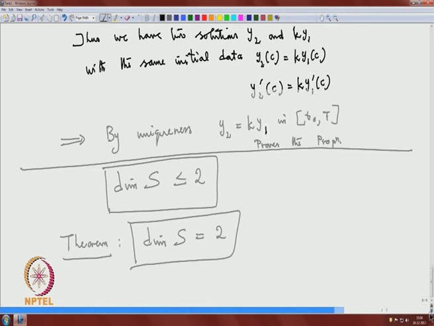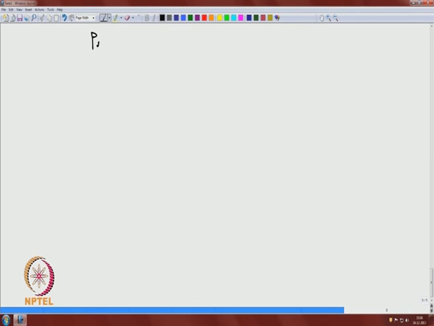The major part is already done, proving the dimension of S is less than or equal to 2. To prove equality, we just have to produce two independent solutions. Do not get confused, this is only a theoretical production. It does not give you the method of how to find them.